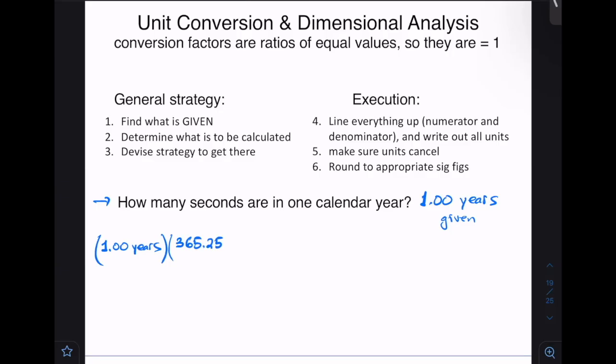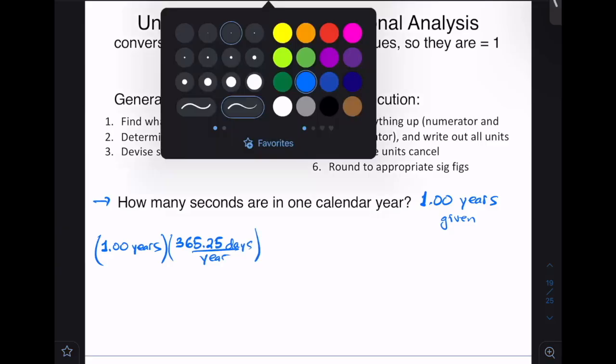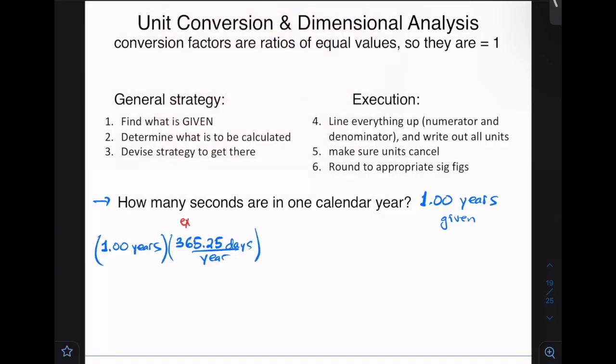Again, that depends on your measurement. Now, this is a little trick here, okay? When you're looking at conversion factors, they are considered to be exact conversion factors. We consider them to be exact numbers, all right? So 365.25 days per year. This is an exact number. Our measurement is an inexact number, meaning that that has significant digits.